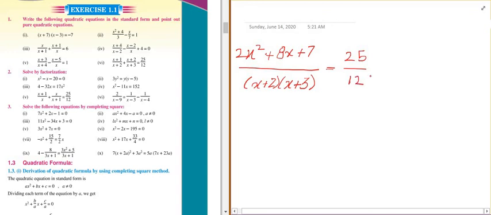Now just cross multiply these two terms by cross multiplication.